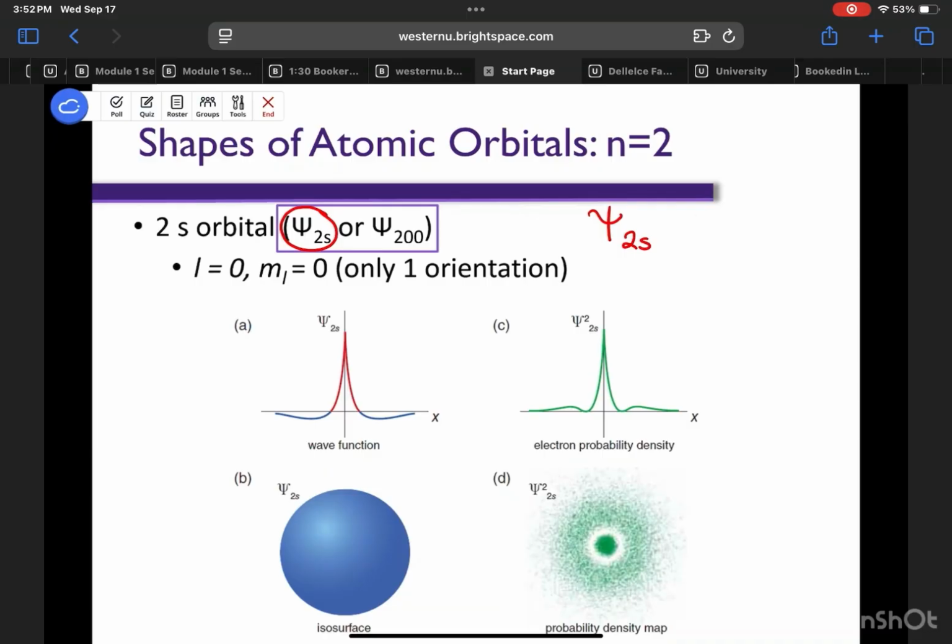Or we can use the notation, again with that psi symbol, where we give the first quantum number, the principal quantum number, the next one, that L, and then a magnetic quantum number, the third quantum number. We can use both of these symbols to talk about the wave function, which is just talking about the orbital.